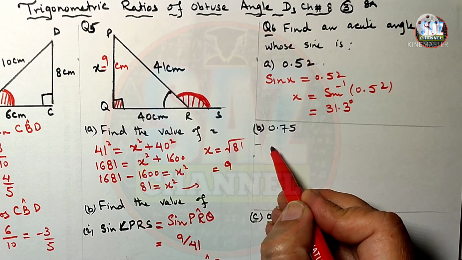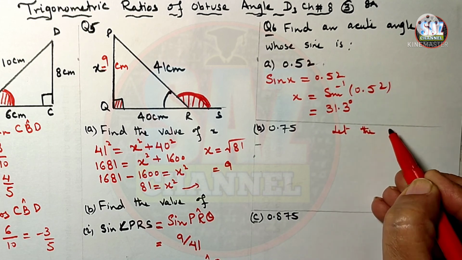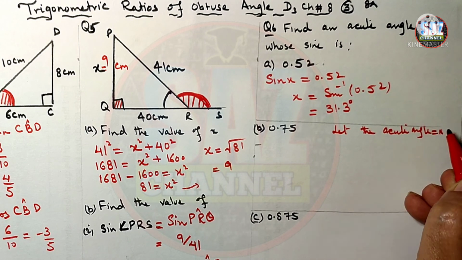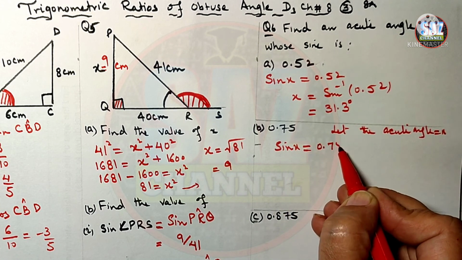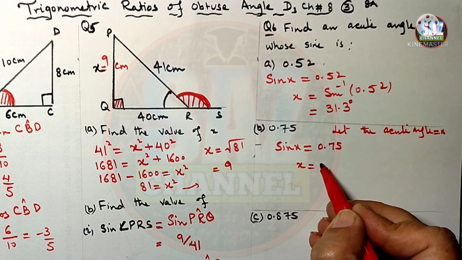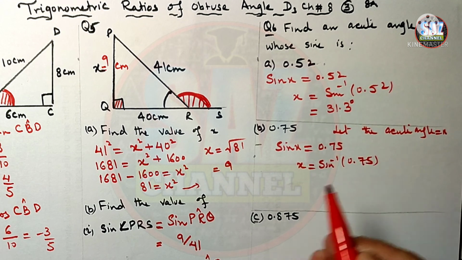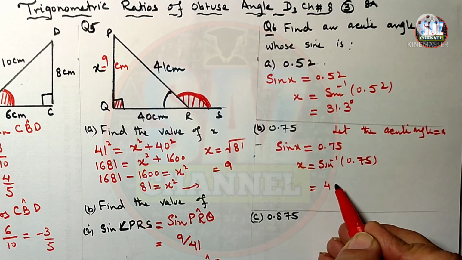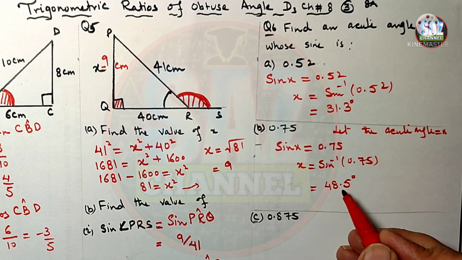Moving to the second part, let the acute angle be x, therefore sine of x will be equal to 0.75. x equals sine inverse of 0.75, and this gives me 48.5 degrees.